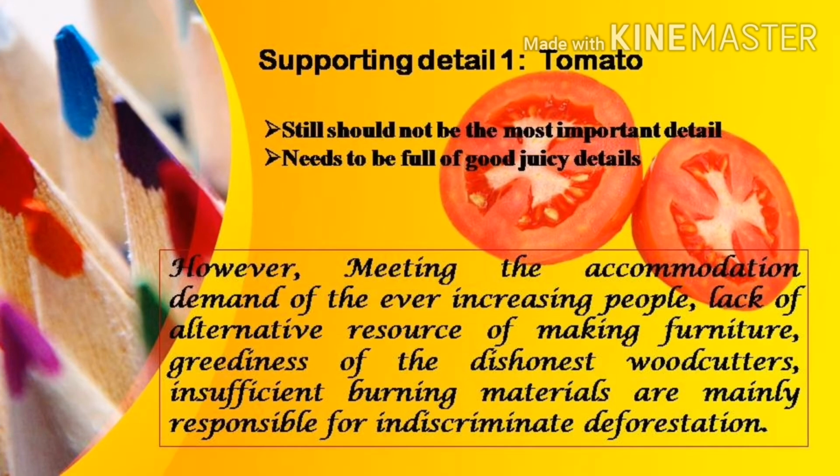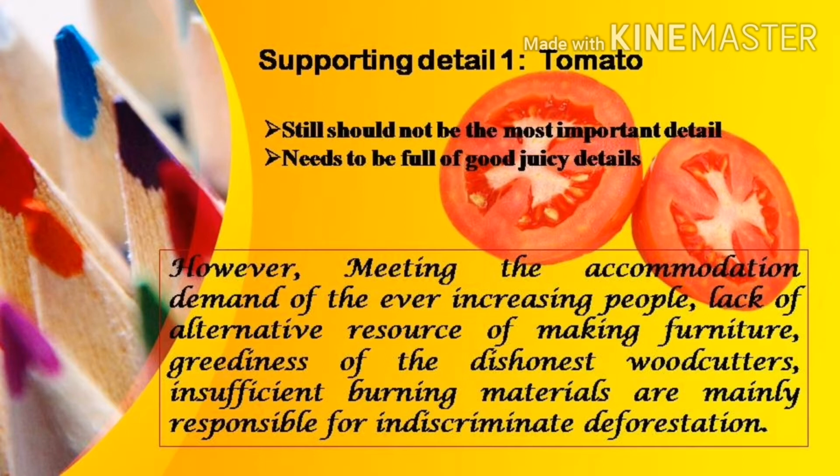Students, tomato is the first supporting detail of a paragraph, but still it should not be the most important detail. It needs to be full of good, juicy details. Let's see how the information can be juicy.